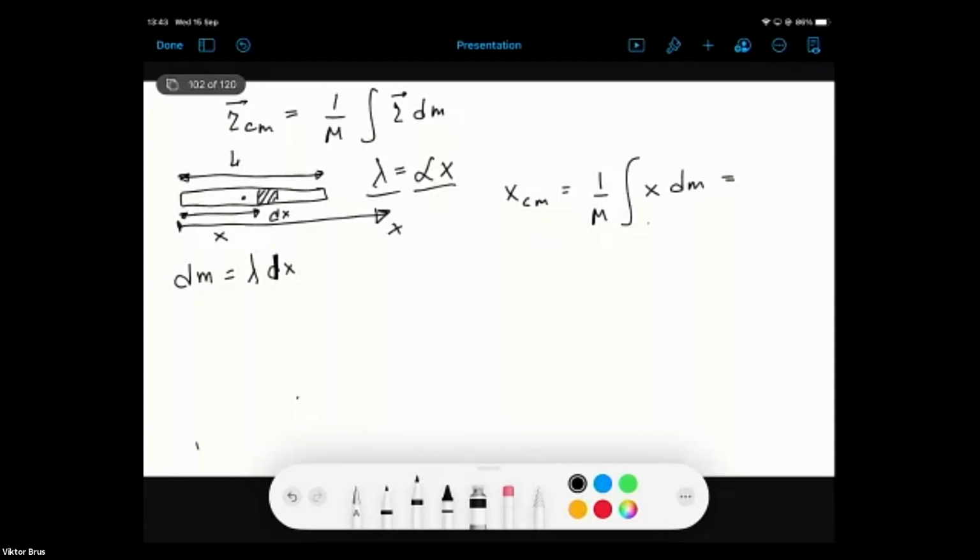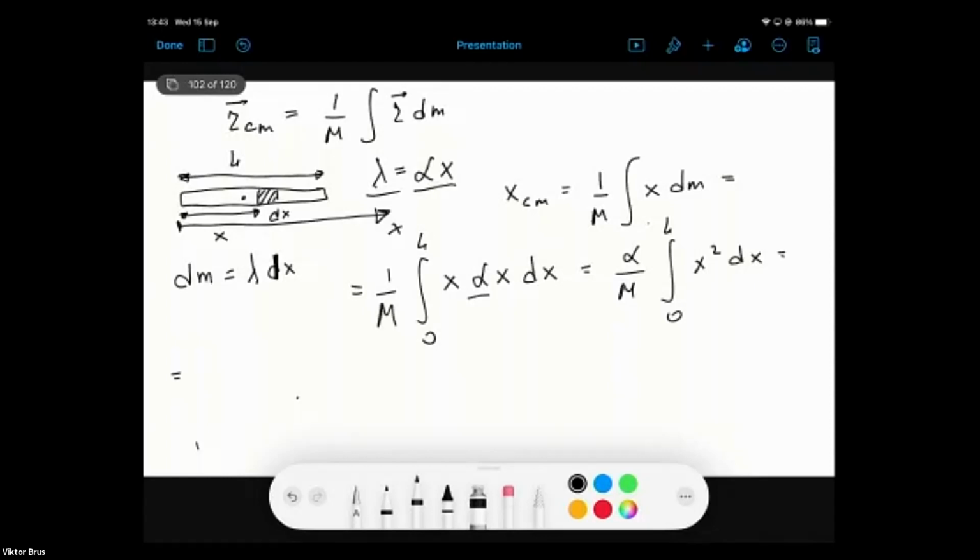It will be 1 over m integral x times lambda dx, but instead of lambda, we write alpha times x dx. Now, alpha is a constant, so we take it out from the integral. And here we have range from 0 to L also. So we have alpha over m times integral x squared dx from 0 to L.